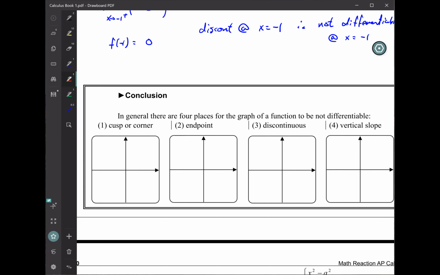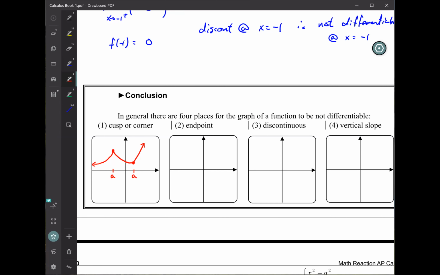For example, if the graph looks like that and then it bends very sharply, or it looks like a parabola and then suddenly it makes a straight line. Those are corners and cusps. So at x equal to a, those are the places not differentiable, and the graph goes on.